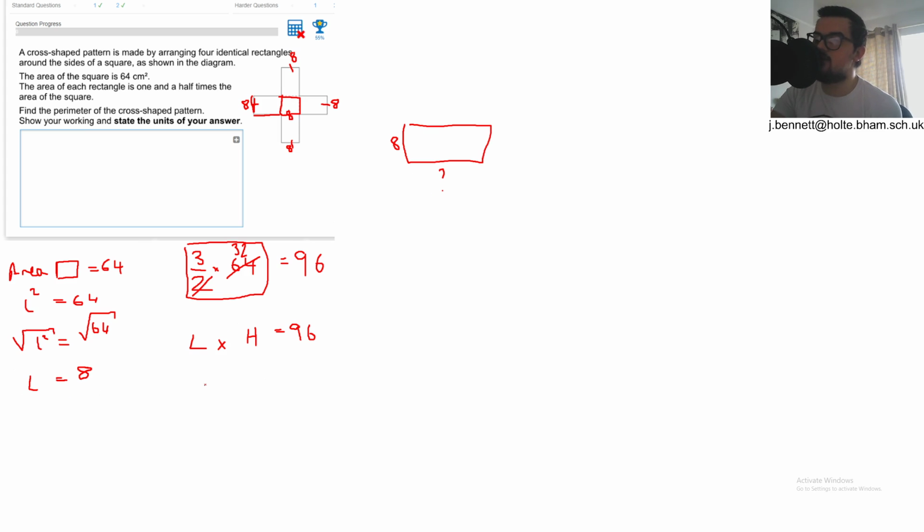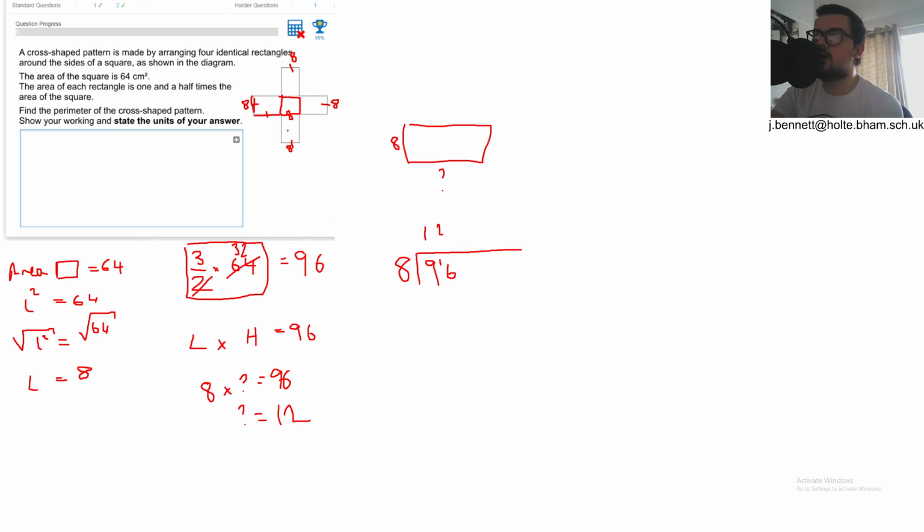Let's just put in our value. So 8 times our unknown equals 96. Now you can solve this using long division. How many 8s go into 9? 1, remainder 1. How many 8s go into 16? 2. So our question mark equals 12.